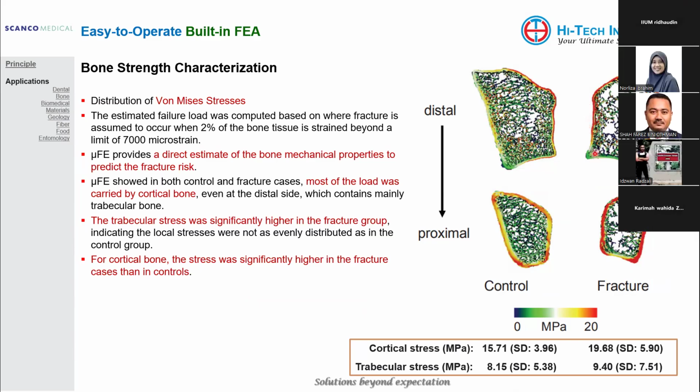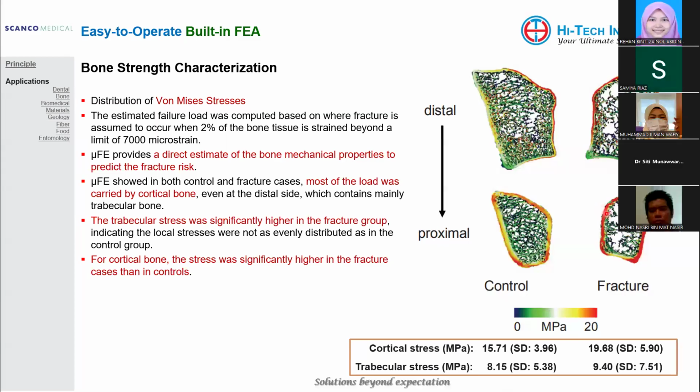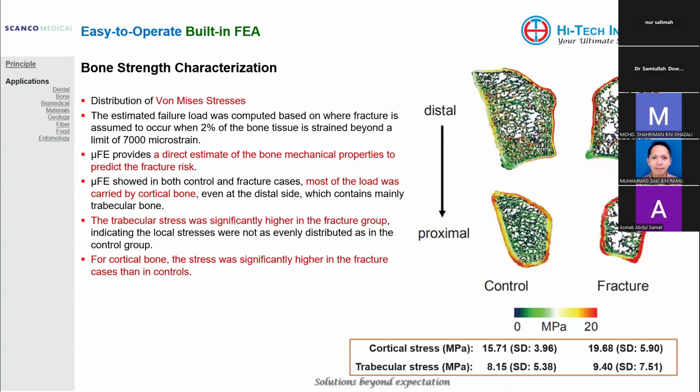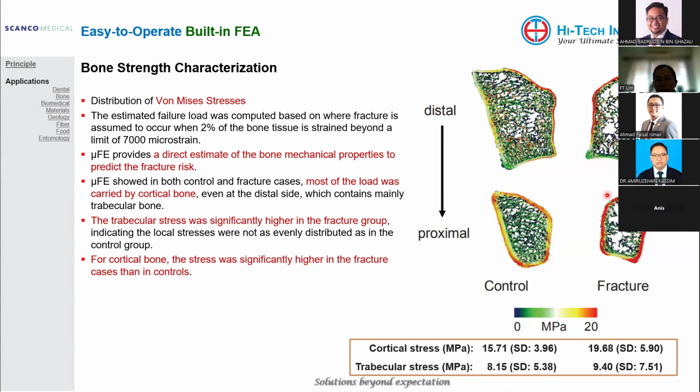You can see this area, which has high porosities. So definitely you will see the cortical layers here in red color, which also means that these are the subjects that will encounter fast bone fractures if this amount of force is applied to the bone. So this is something that we can use finite element to characterize and calculate.